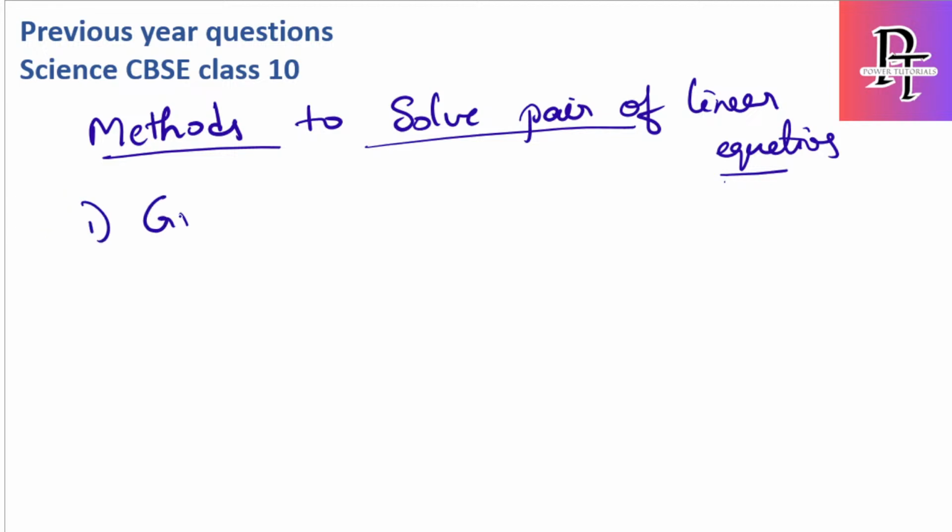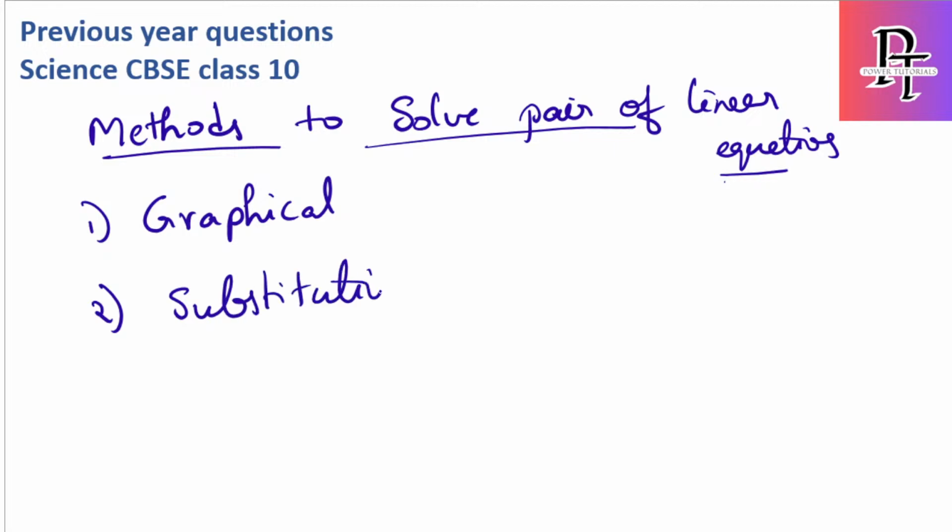First one is graphical. Second is substitution. And third is elimination.